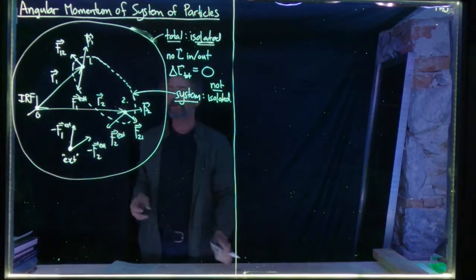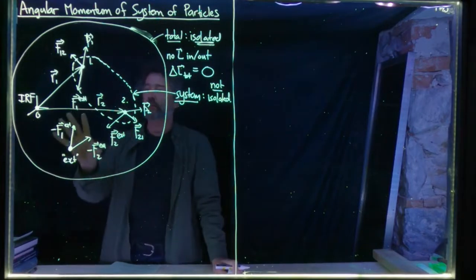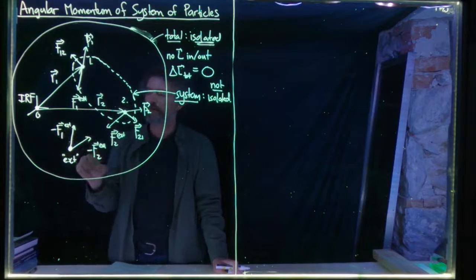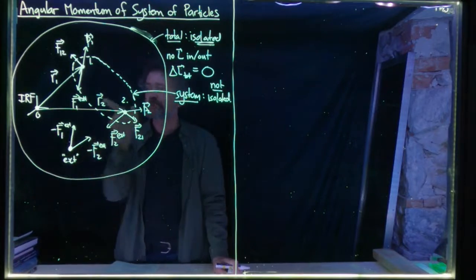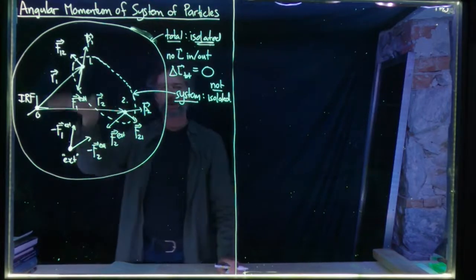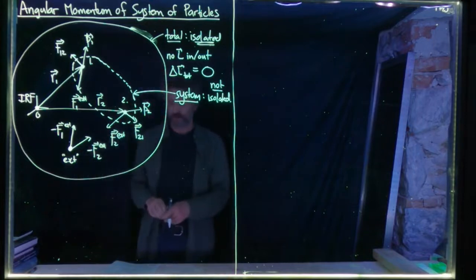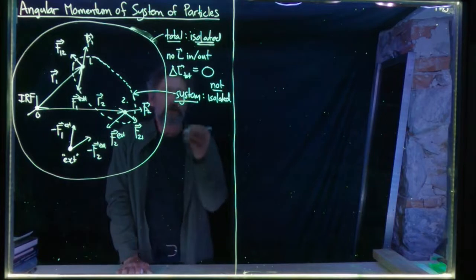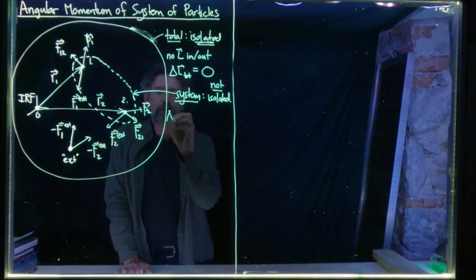So there can be exchanges of angular momentum between our system of particles and the external. The angular momentum of the external particle might change by, say, this amount. Then the angular momentum of our system of particles must change by that amount, so that the change in the total angular momentum is 0. So we have delta L total.